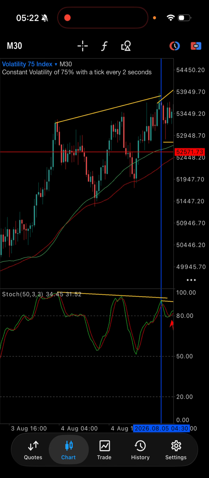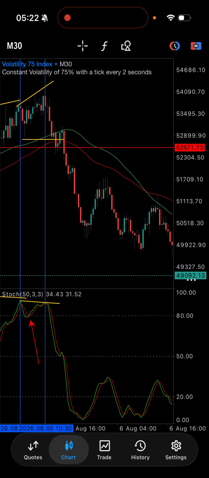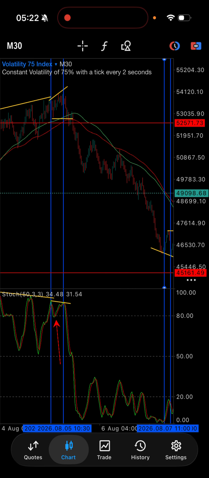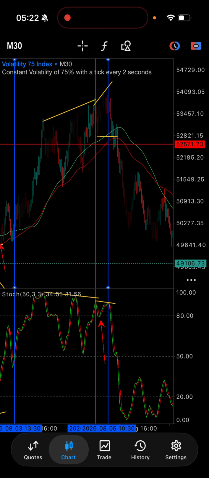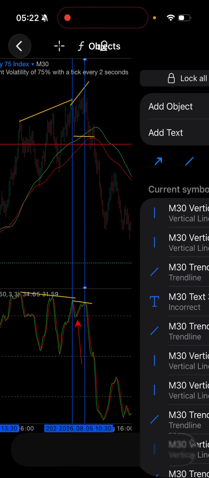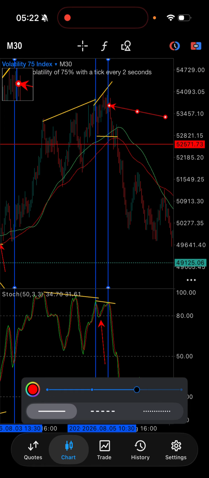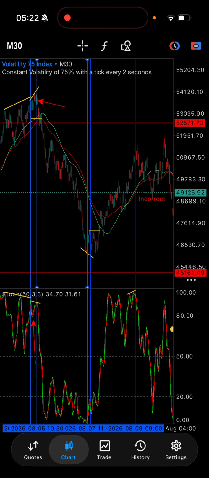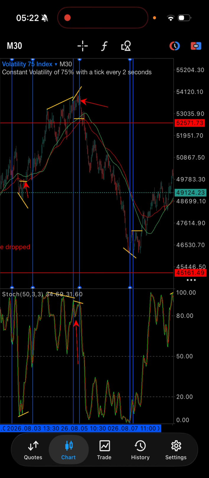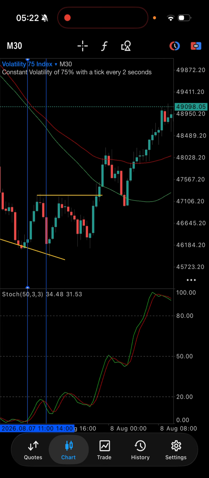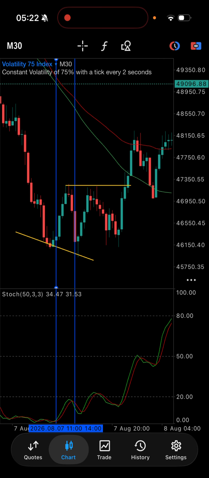Because at times it might get to that 2 RR, get to that 3 RR, and the price retraces back immediately. Imagine holding up to this level here and thinking the price will keep on going up, and see what happened. Price went down significantly.